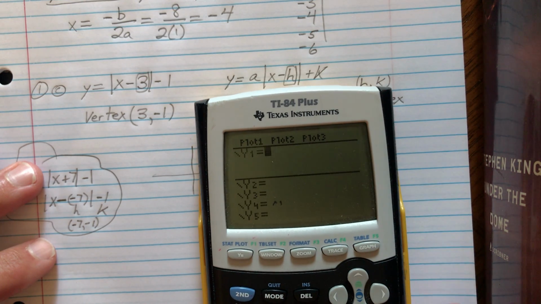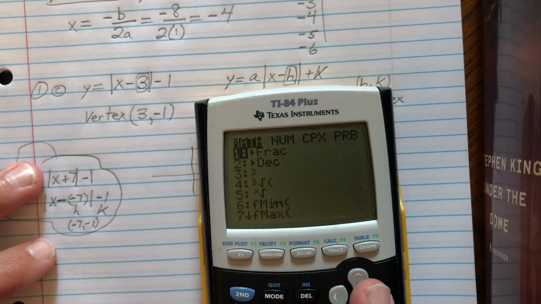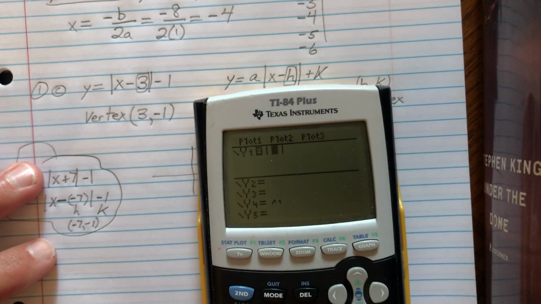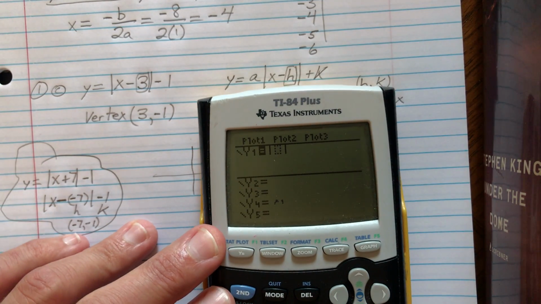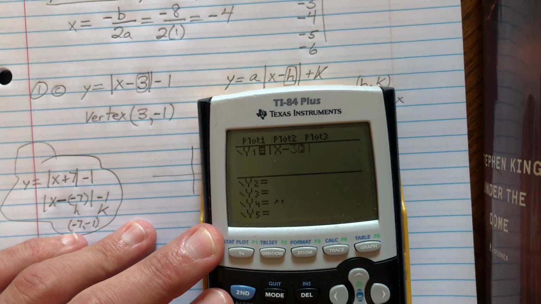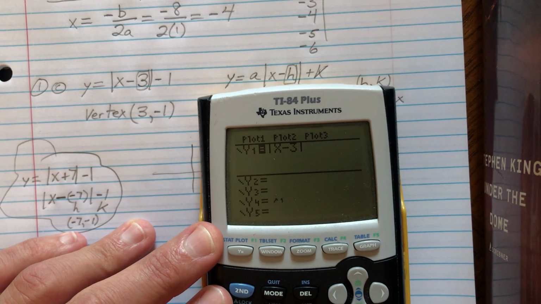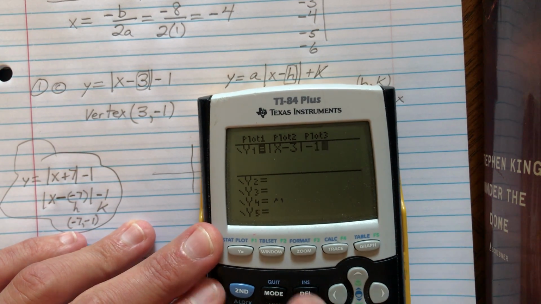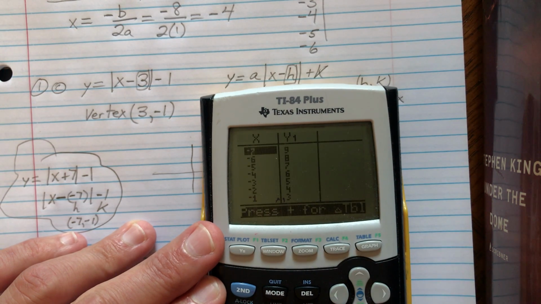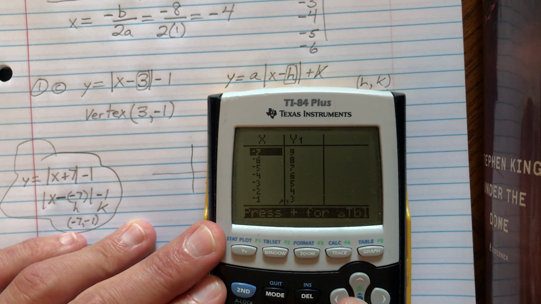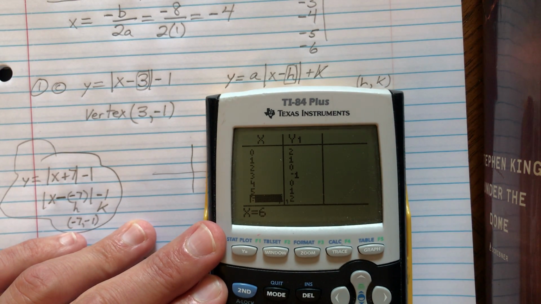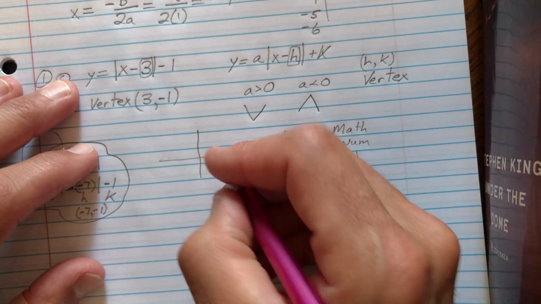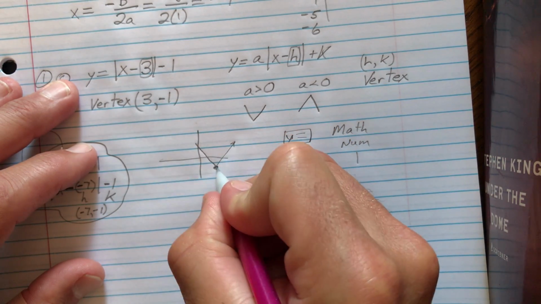Y equals, math, go over to num, and it's number 1. It says absolute value. And inside the absolute value for this question, we're going to type in x minus 3, and on the outside of the absolute value, minus 1. And if you look at the table, 3, negative 1 should be right in the middle. And you can just graph those other points around it. And it will kind of look like this.